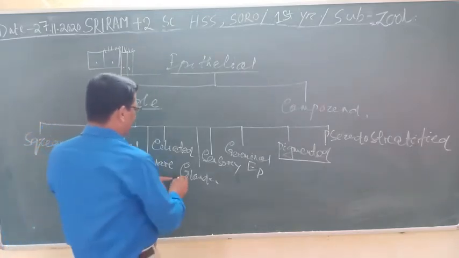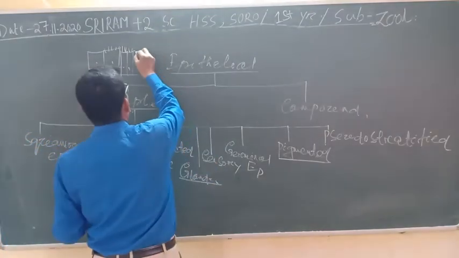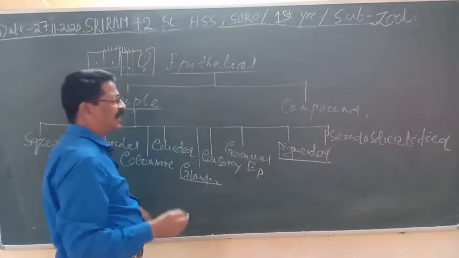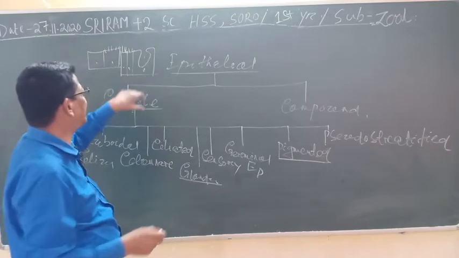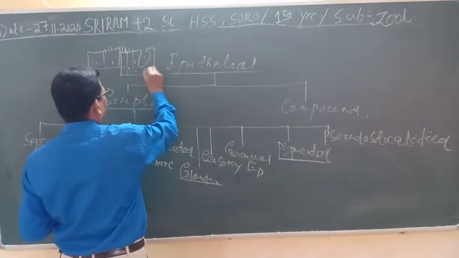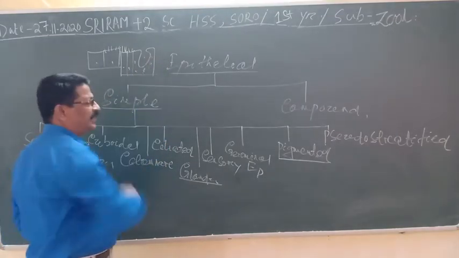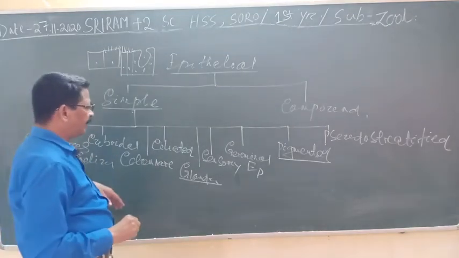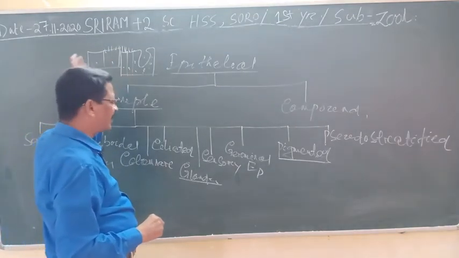Then the glandular epithelium: the columnar epithelium cells are modified to form gland cells, where the cells are large, having granules and secretive in nature. They may be unicellular or multicellular, and they are of various types.